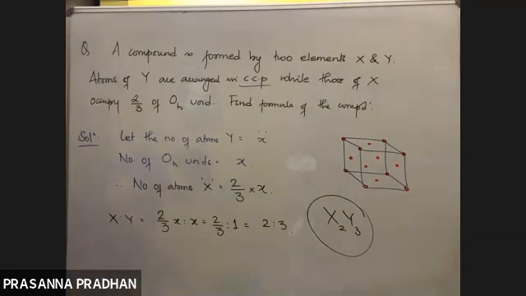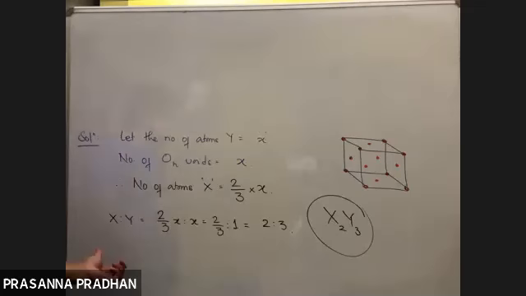Next problem. सर, हामीले रेशियो चाहिँ किन निकालेको? So if you don't find out the ratio, how will you know how many atoms of X and Y will be there? तुमको तो formula निकालना है ना, formula निकालने के लिए you need to know how many X and how many Y are there.